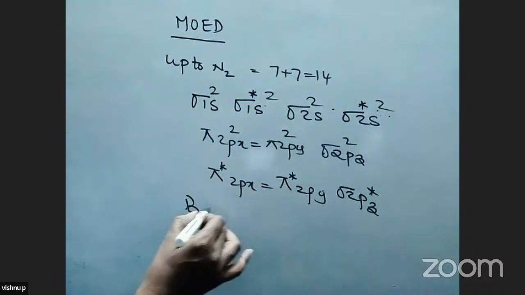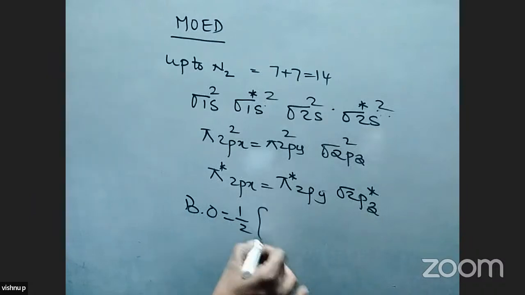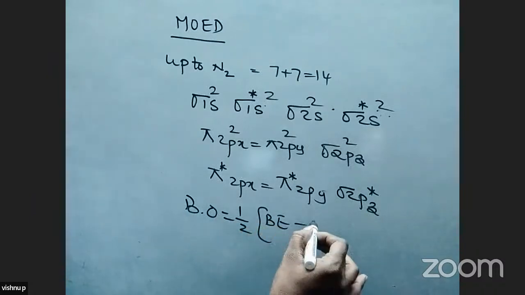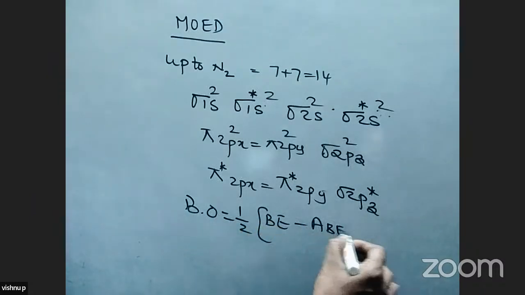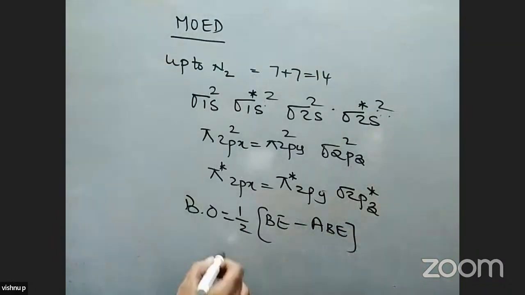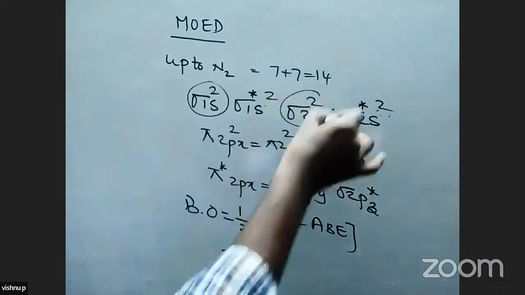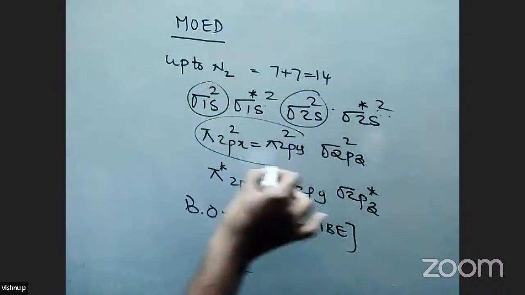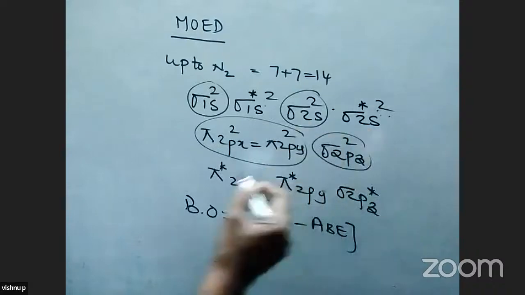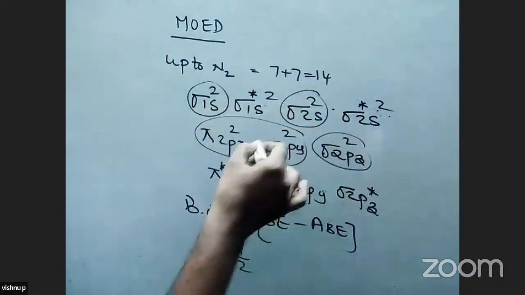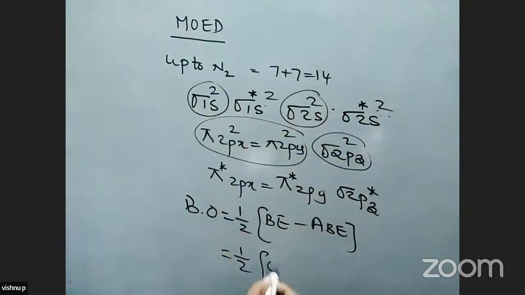Bond order is equal to half into bonding electrons minus anti-bonding electrons. Bonding electrons are 2, 4, 6, 8, 10, that is 10 bonding electrons and 4 anti-bonding electrons. So we get 3.